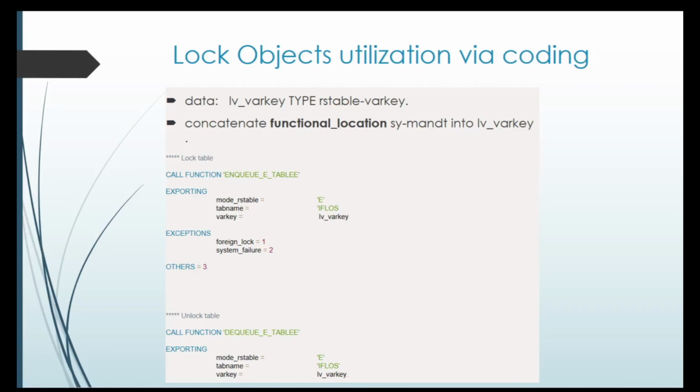After that, we just have to call the function ENQUEUE_E_TABLE. We can know this by exploring the go to menu option. For releasing the lock, we use the function DEQUEUE_E_TABLE.